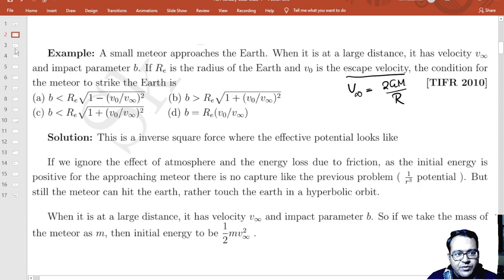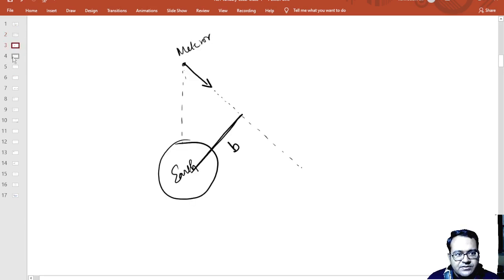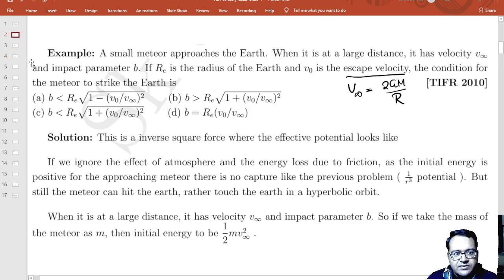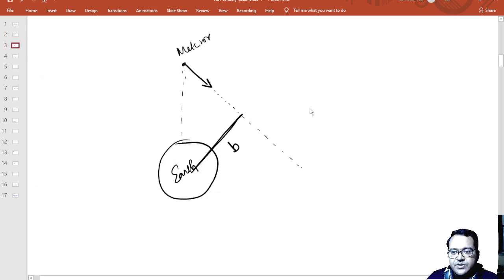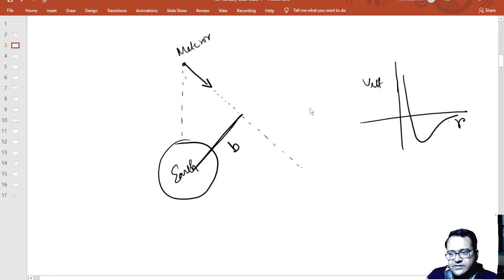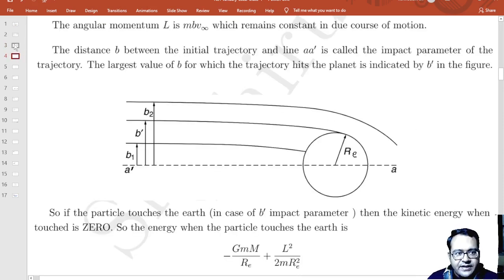The effective potential we already discussed, like this. So how will the effective potential be? It will be like this. So there won't be a capture like that.